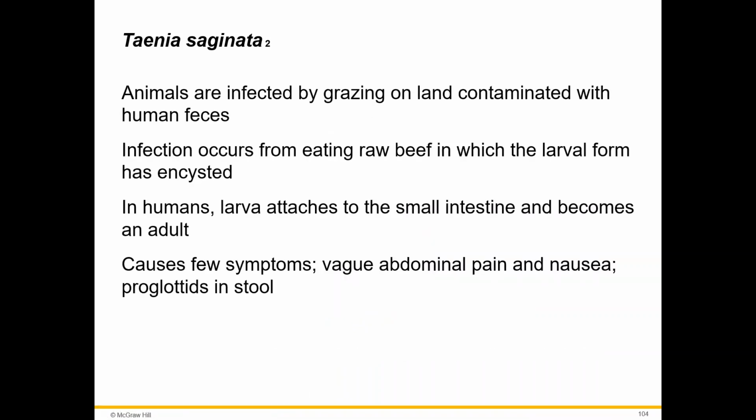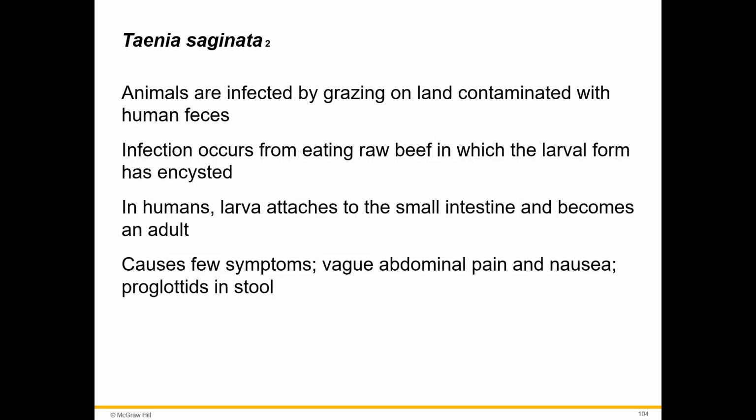And so we go into Taenia saginata. For this one, animals are infected by grazing on contaminated food from human feces. I know a lot of people are into using their own manure for fertilization, but let's not, okay?